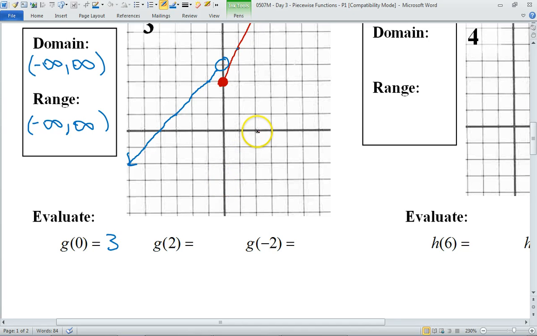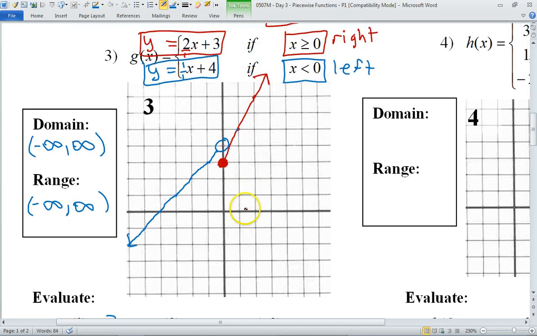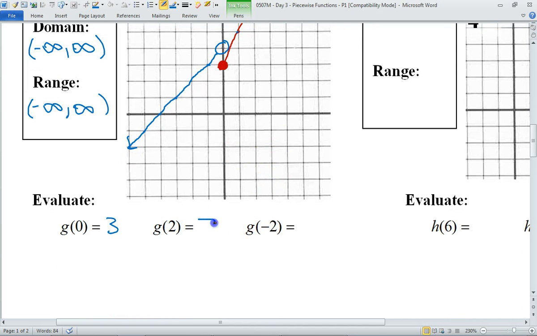I go over to an x value of 2, and then I look and see where's the graph. Boom, it's right here. Here's where the graph is when I'm at 2. What is that? 2, 3, 4, 5, 6, 7. So I can immediately, if I trust my graph, I can immediately see that the answer is 7.